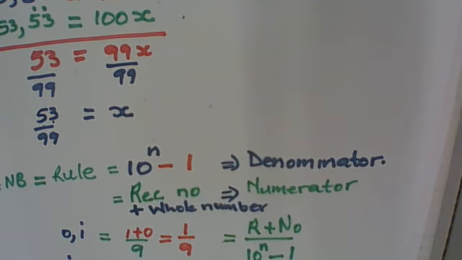A whole number, which is this. Where did we get this? It's 1 plus 2. Now, what is 2? It's 9 over 9 times 2. 2 times 9 over 9, that will be 18 over 9.